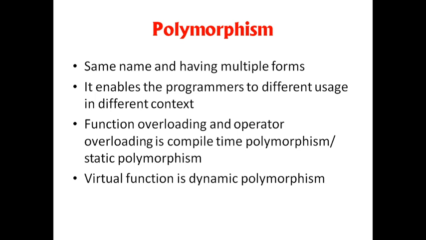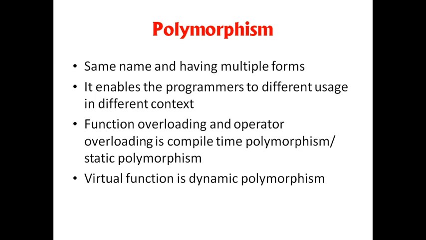Operator overloading means, suppose plus operator is used for addition. For example, 2 plus 3 equals 5. But if we use that same operator to concatenate string A and string B, it becomes AB. That means operator overloading. And function overloading, as I already stated, the draw function, we can draw circle, we can draw rectangle, and we can draw any type of shape.